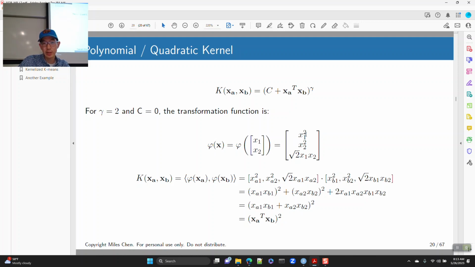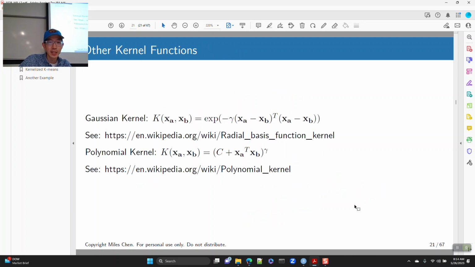I get xa1 squared, xa2 squared, square root 2 of xa1 xa2, and so on and so forth. And you can go through this, and you can see we're going to get xa1 xb1 squared, xa2 xb2 squared, and then 2 times this whole mess here, but this is basically the result of this thing quantity squared. So, good old algebra there. Okay.